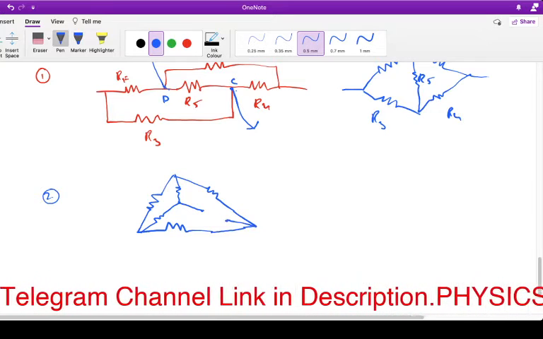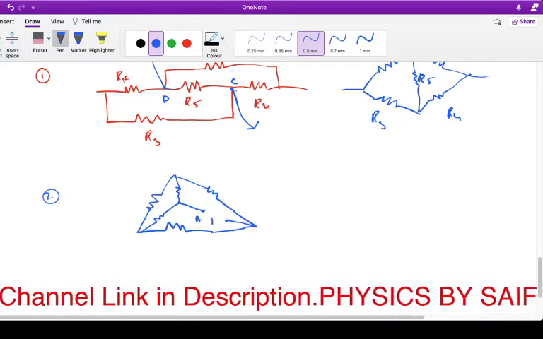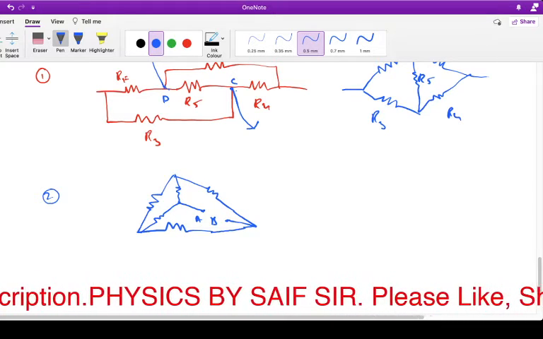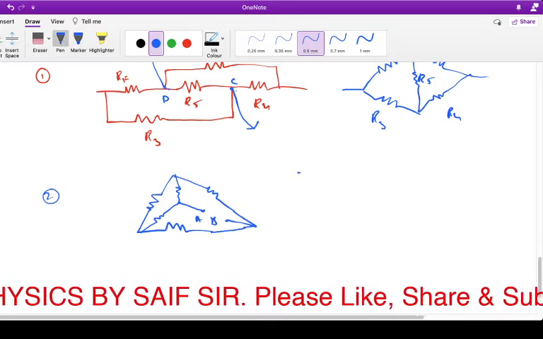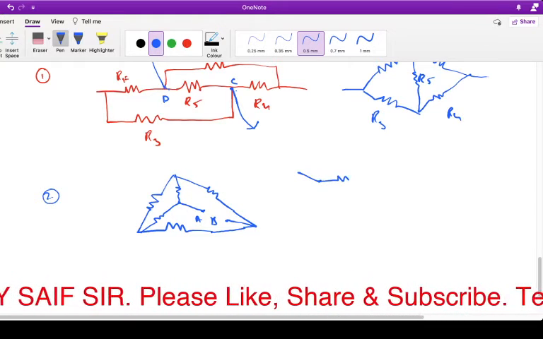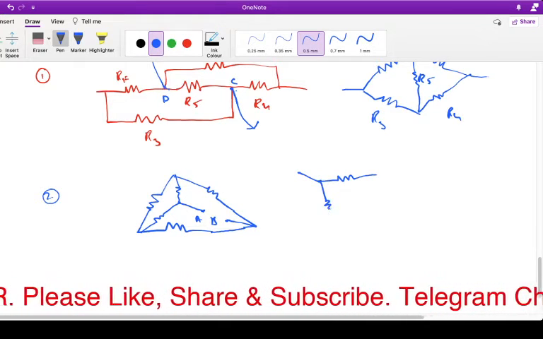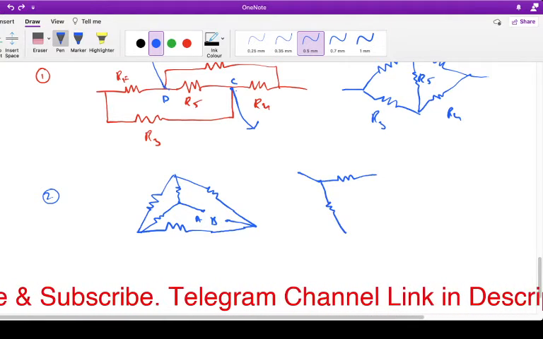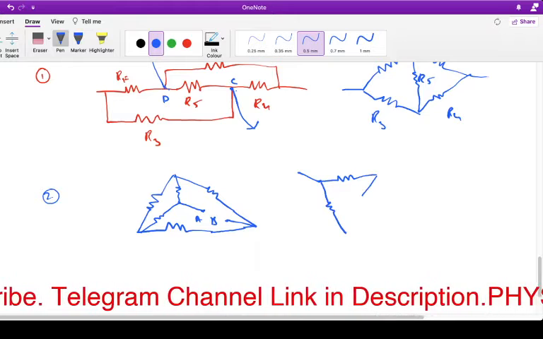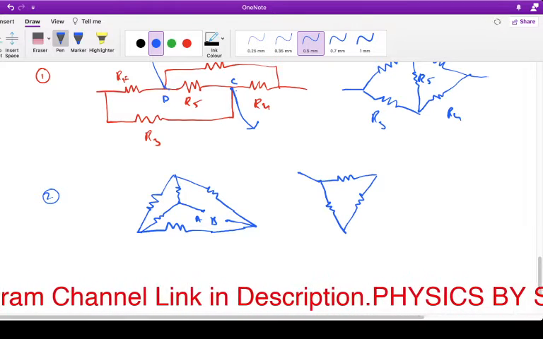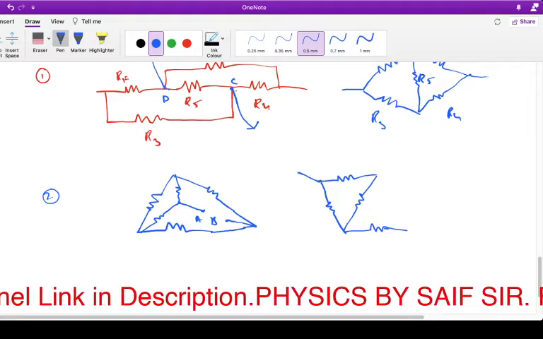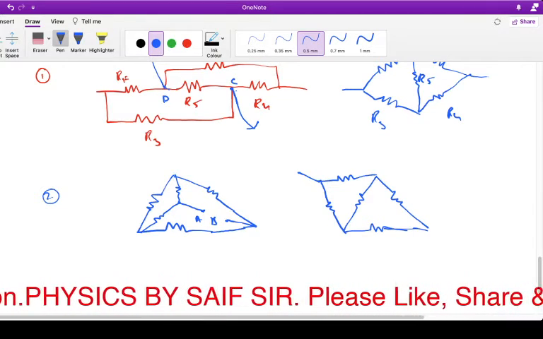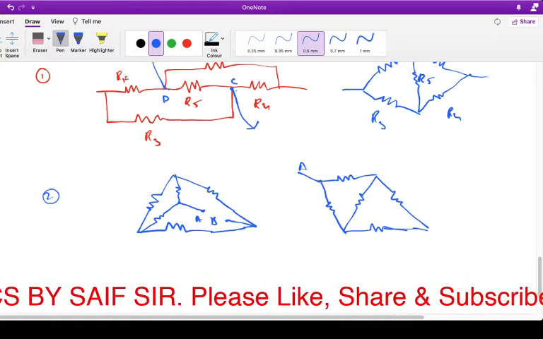Okay, what you have to do here, 2 points are there, A and B. Just take that point A to the left side. It will become like this. Okay, this is point A and this is point B.